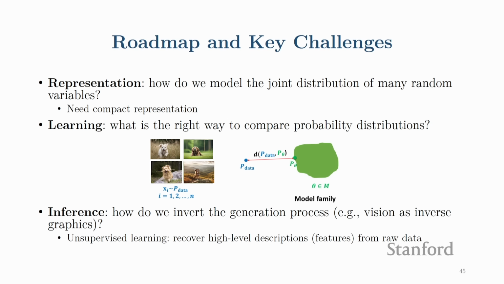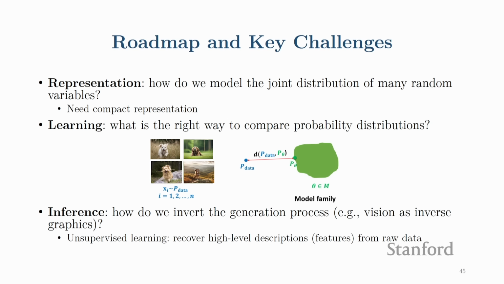And so we're going to talk a lot about representation, as we discussed. The key building block is going to be statistical modeling. We're going to be using probability distributions. And so we're going to talk a lot about how to represent these probability distributions, how to use neural networks to model probability distributions where we have many random variables. That is the challenge.